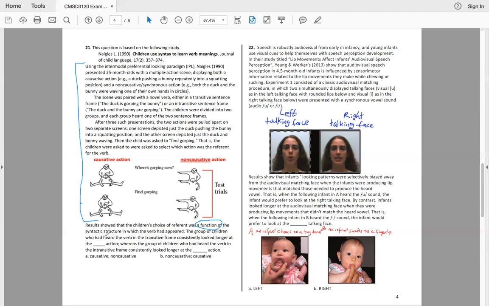The group of children who had heard the word in the transitive frame, if the children heard the transitive sentence, looked longer at the causative action, because we know that the transitive frame describes a causative action, and the intransitive sentence frame describes a non-causative action.